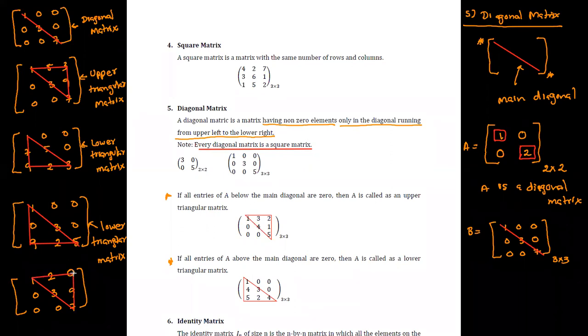Since we can see at least one non-zero element in the upper part, we can say this is an upper triangular matrix. This is also an example of an upper triangular matrix. This is how we can identify the types of upper triangular, lower triangular, and diagonal matrices.